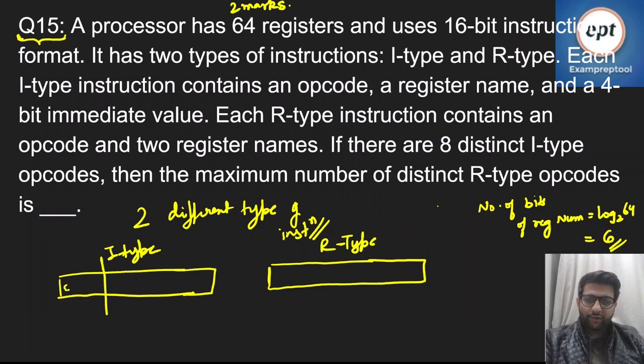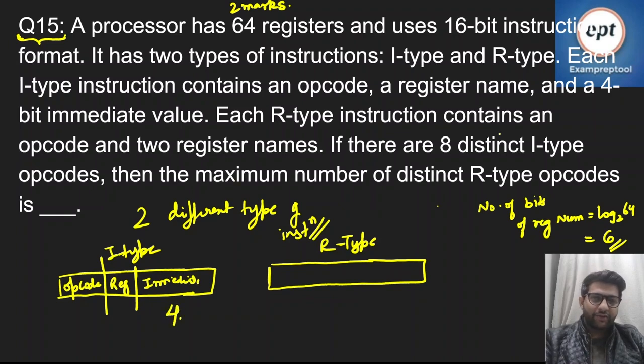So the format is as follows: first an opcode, a register name and a 4-bit immediate value. So let's write it as immediate, and this is of 4 bits, right?